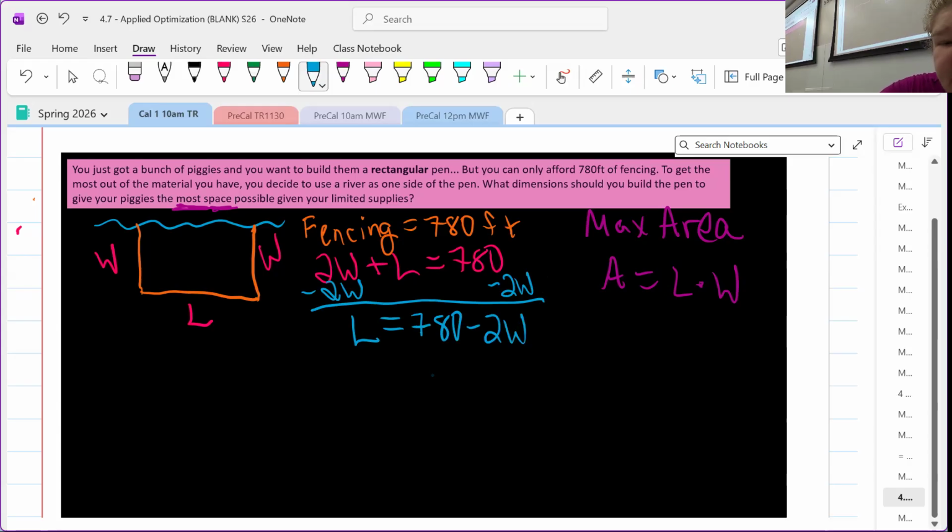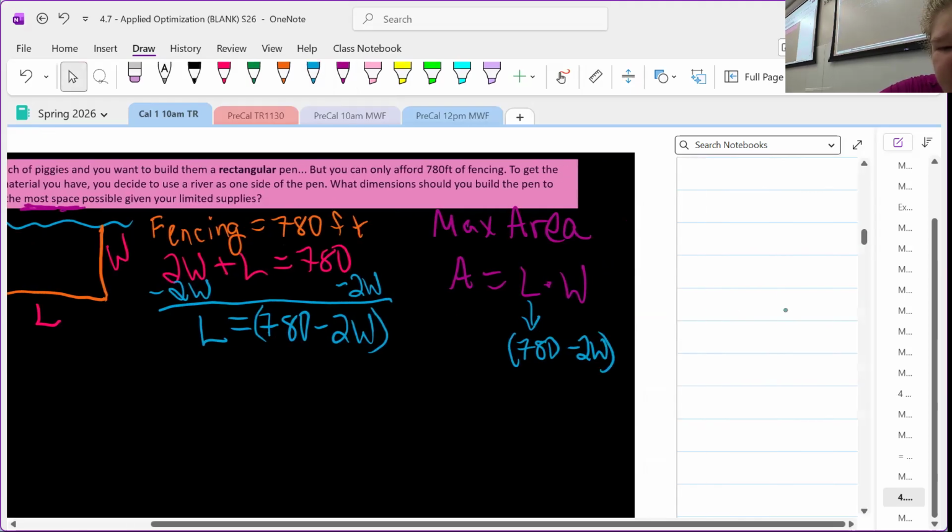Now this is a substitution I can make for L. L is the same as this expression, so I'm going to substitute it in place of L. Now remember, anytime we make a substitution, careful math, wrap it in parentheses. Some of you guys were not remembering the parentheses on the test.